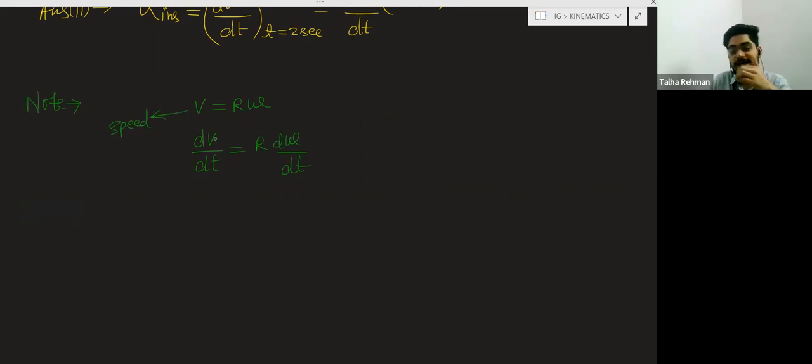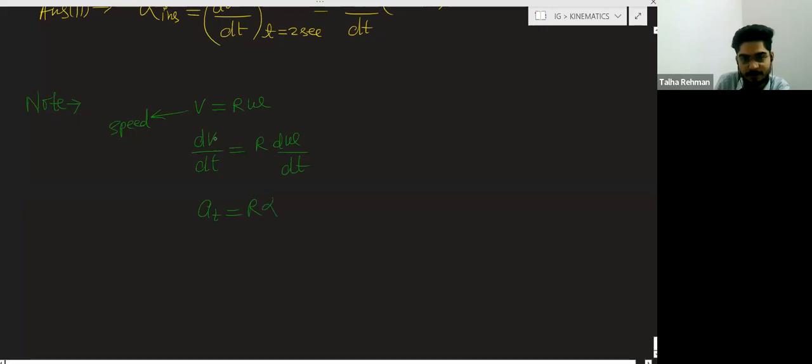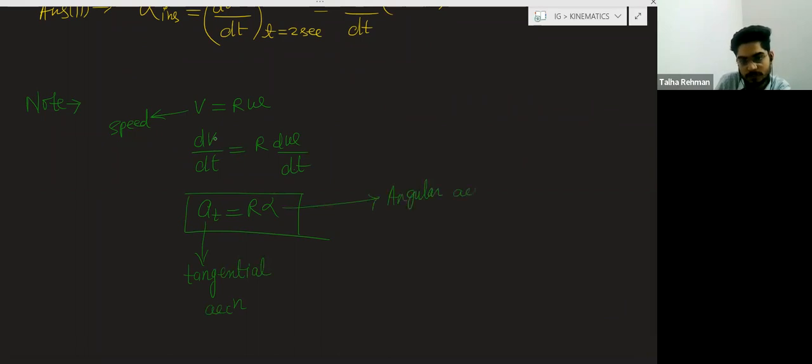And what is the acceleration due to change in speed? Tangential acceleration. So this becomes tangential acceleration equals r times d omega by dt, which is alpha. So this is your tangential acceleration, this is your angular acceleration, and r is the radius of the circle or circular path.